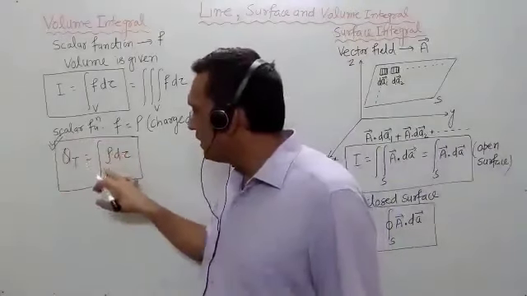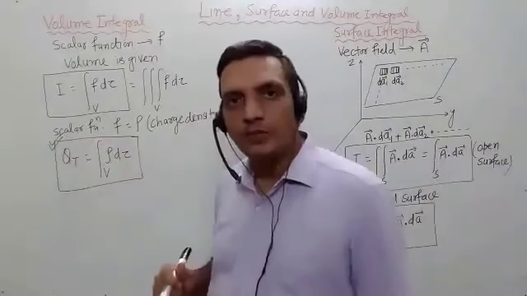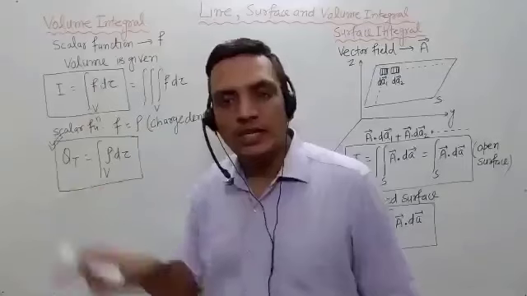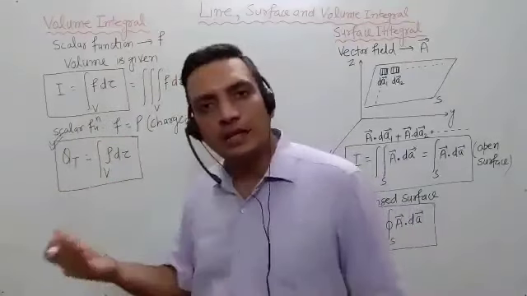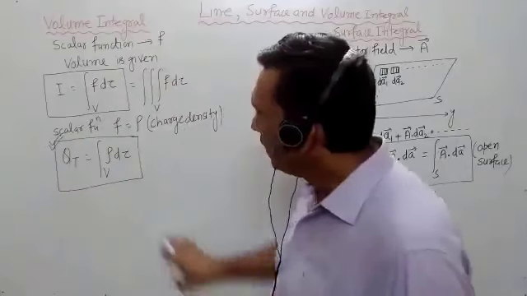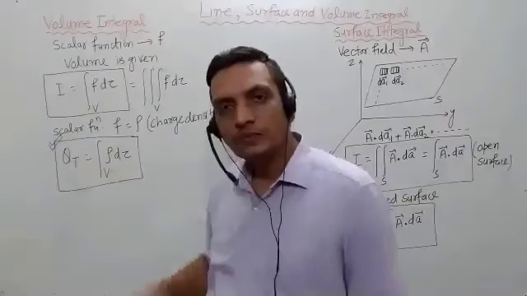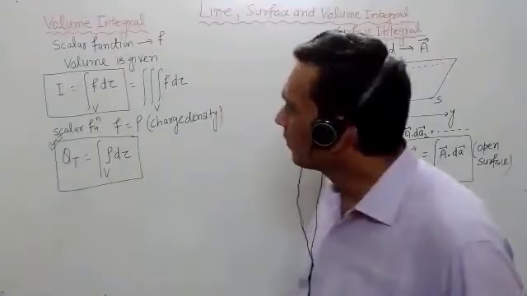So when charge density is given in a particular volume and you have to find the total charge contained in a certain region, just use the volume integral, and you will get the total charge. Is it clear? Sir. Yes, sir.